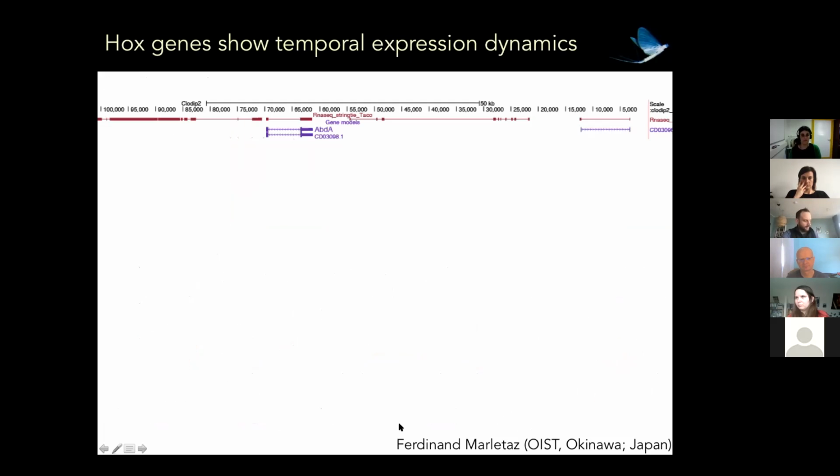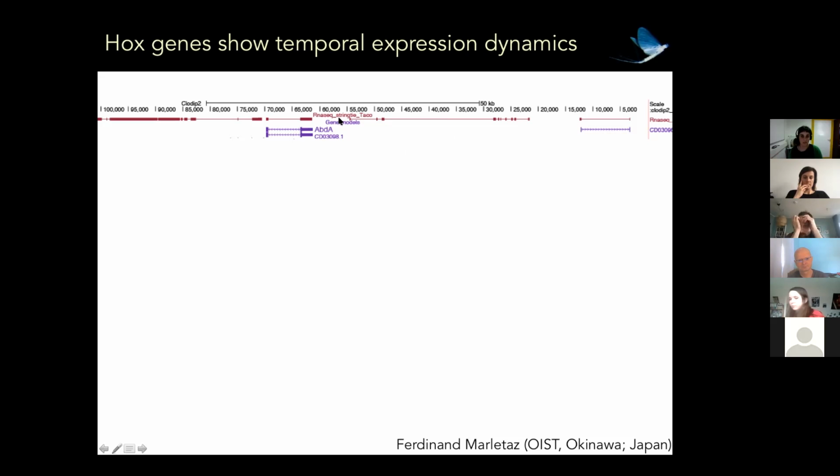And here you can have one example. This is abdominal A, which is one of the Hox posterior genes. And this is how it looks in the browser. The Hox genes, as you may know, are expressed so that the anterior genes are expressed early in development, and the posterior genes are expressed a bit later in development.